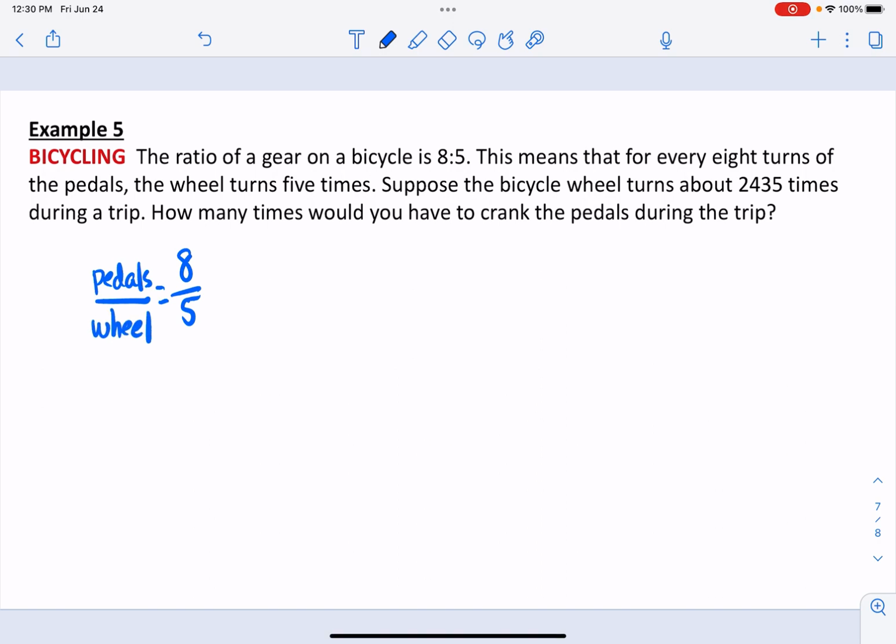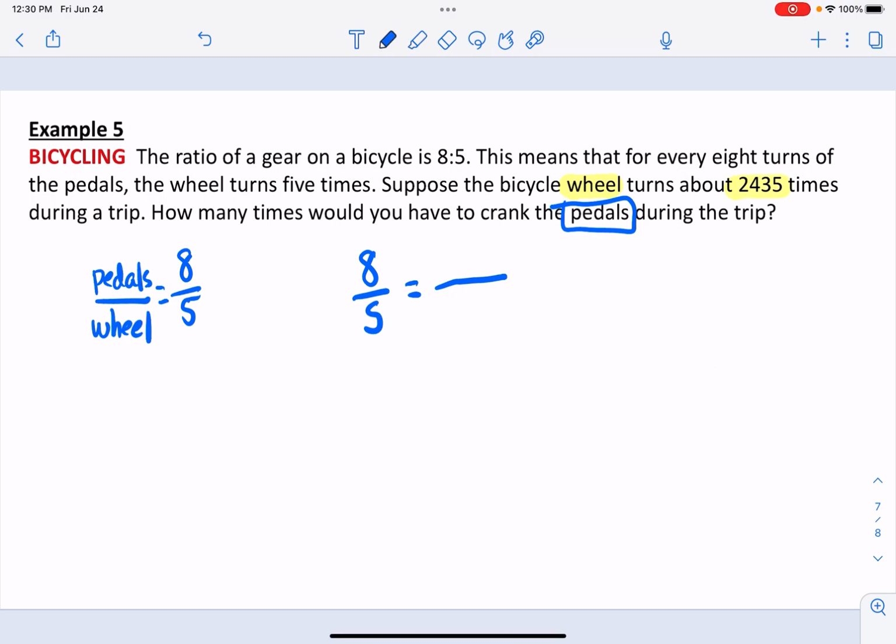Suppose a bicycle wheel turns about 2,435 times during a trip. How many times would you have to crank the pedals? So I'm looking for pedals. You have 8 is to 5 as, okay, now you have to think about what I was given. I was given the wheel turns that many times.